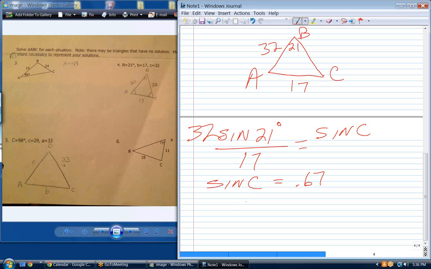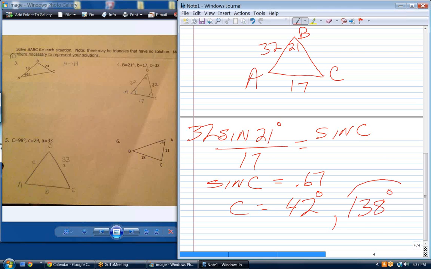Okay, so C is equal to 42. Now, since we don't know whether it's ambiguous or not, let's figure out the second possible angle. What's the second angle that C could also be? Supplementary to 42? 138.